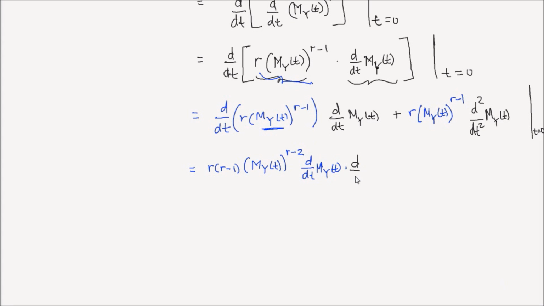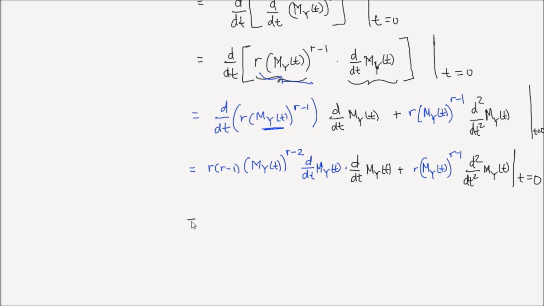times d by dt of M_Y(t), which I just dropped down from here, plus r multiplied by M_Y(t) to the power of r minus 1 times the second derivative with respect to t of M_Y(t), the whole expression now evaluated at t equals 0.